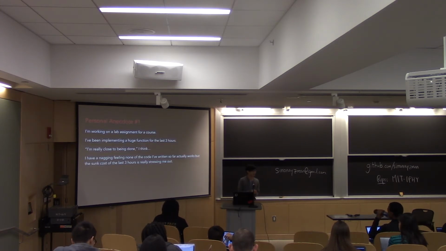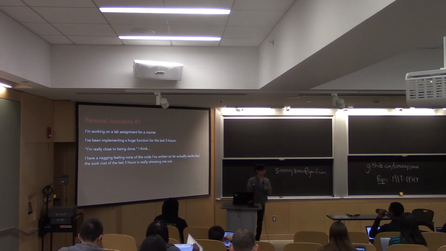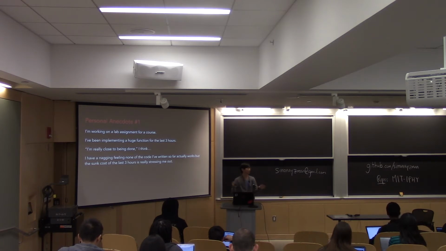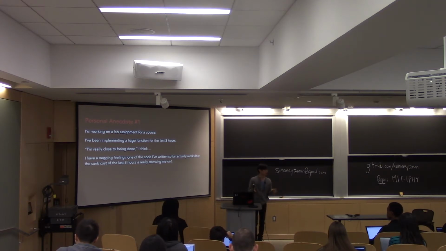I'll have this in a format where I tell you a personal story. Most of them are sad. I'll say what I did, which was bad, and what I should have done, which was good. You will probably have or have already experienced one version or another of these stories.